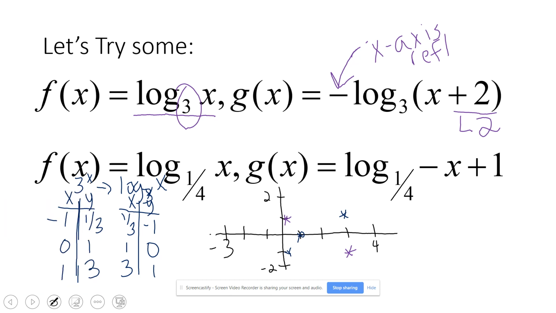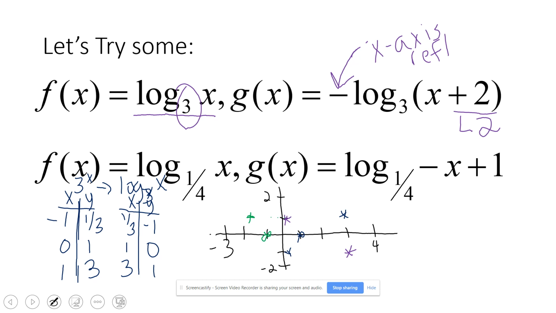Then our last change is going left 2. So take this 1/3, positive 1, left 2, puts me about right here. 1, 0, left 2, gets me here at negative 1, 0.